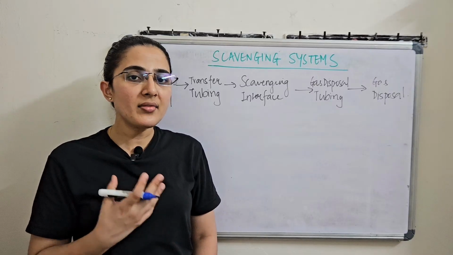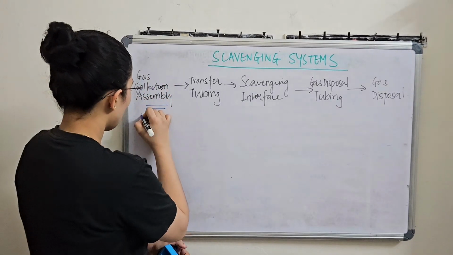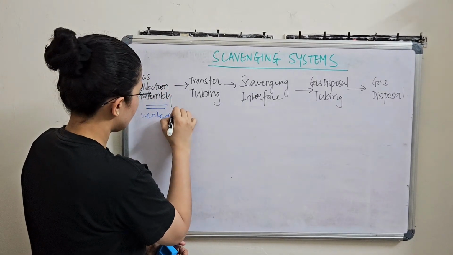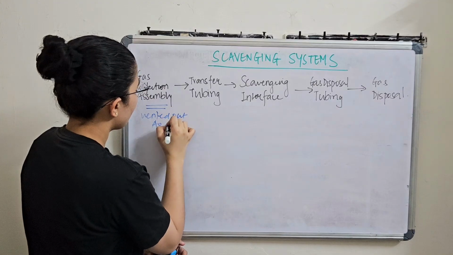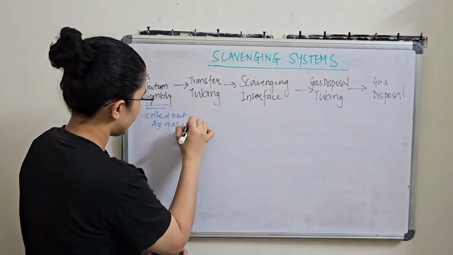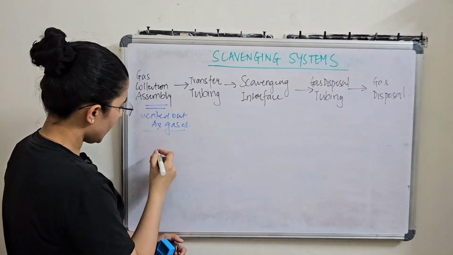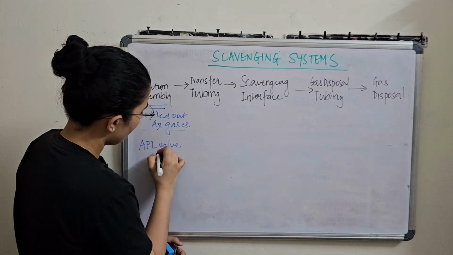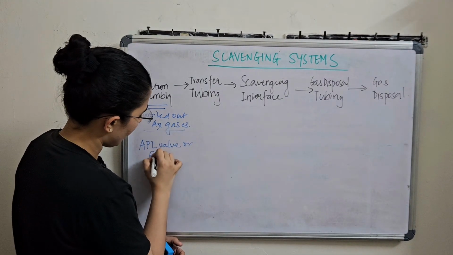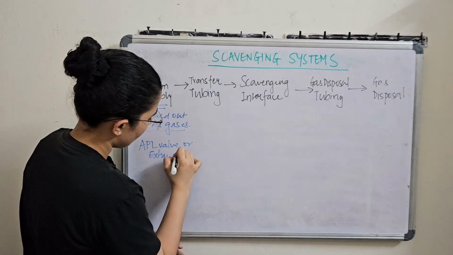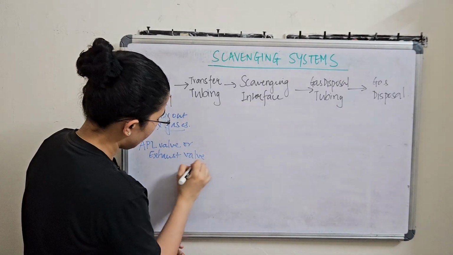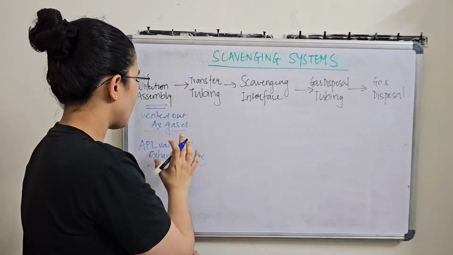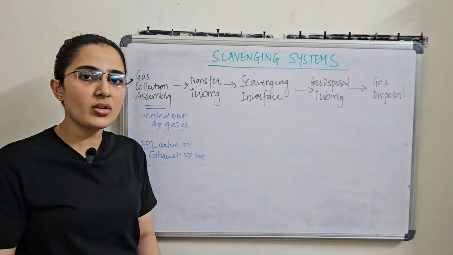So these are the vented out anesthetic gases. From the ventilator it will be collecting. Here it will be in the form of an APL valve or exhaust valve. They will be collecting these vented out anesthetic gases for disposal.